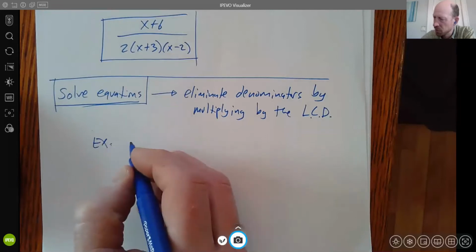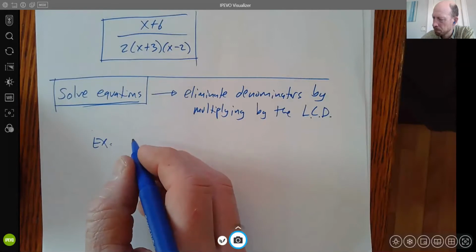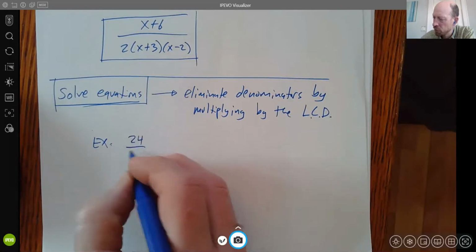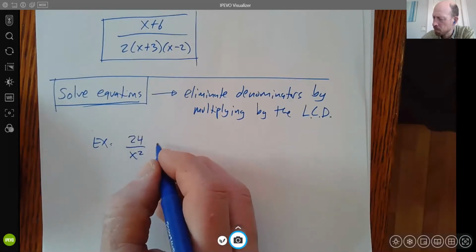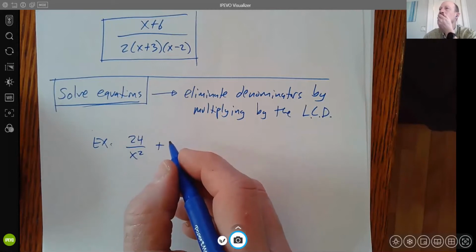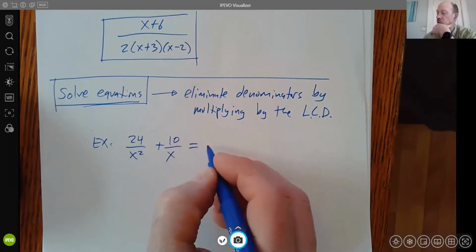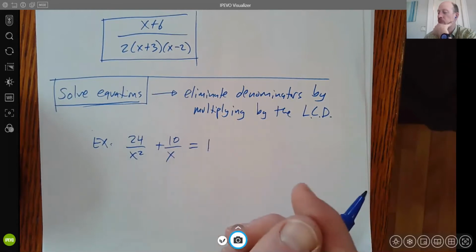So here's an example. Let's try 24 over x squared plus 10 over x equals 1.